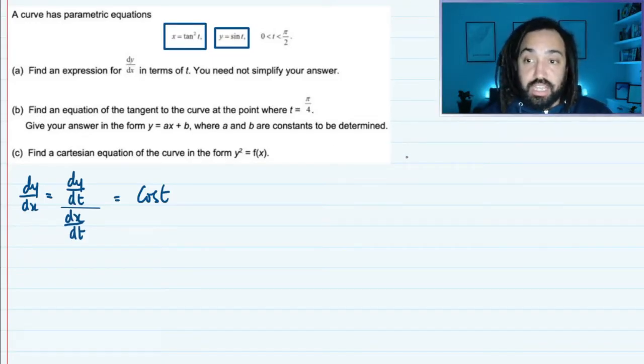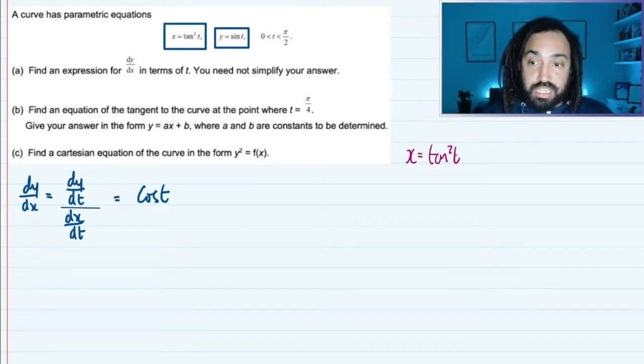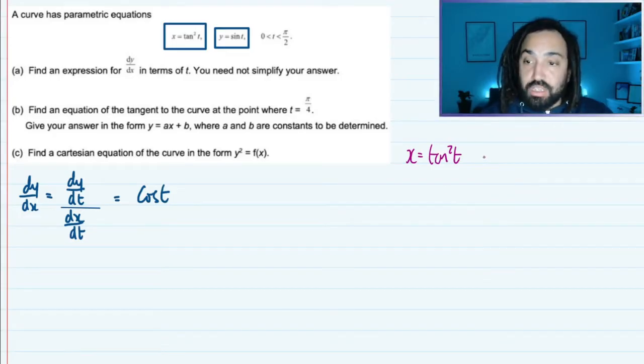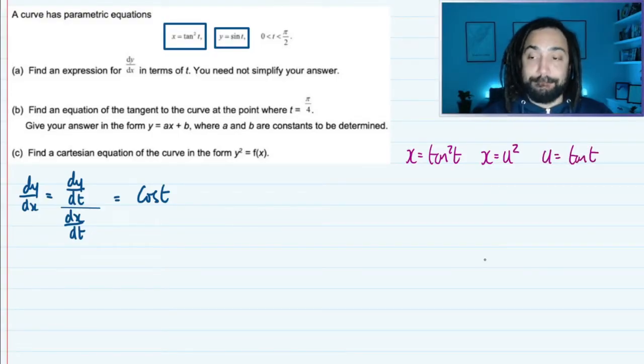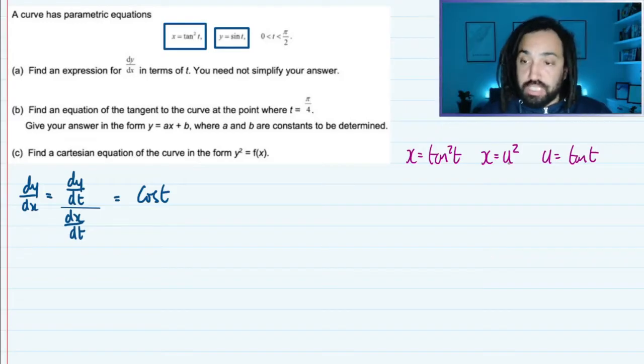So I'm just going to go over here and I'm going to write that x is equal to tan squared t. So we could say that x is equal to u squared, where u is equal to tan t. That works, yep.